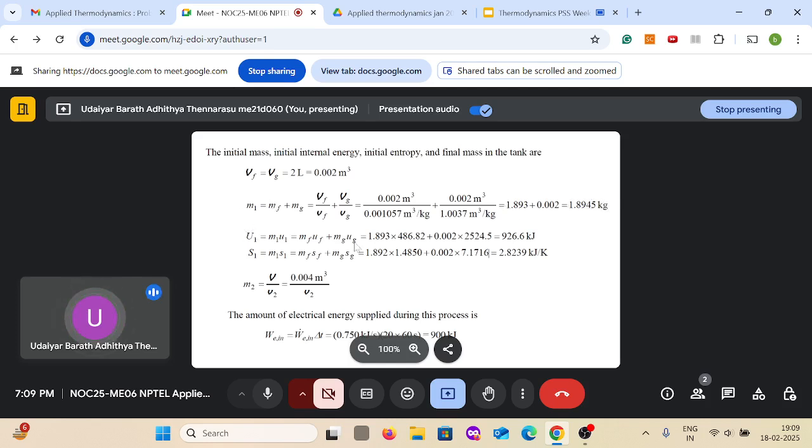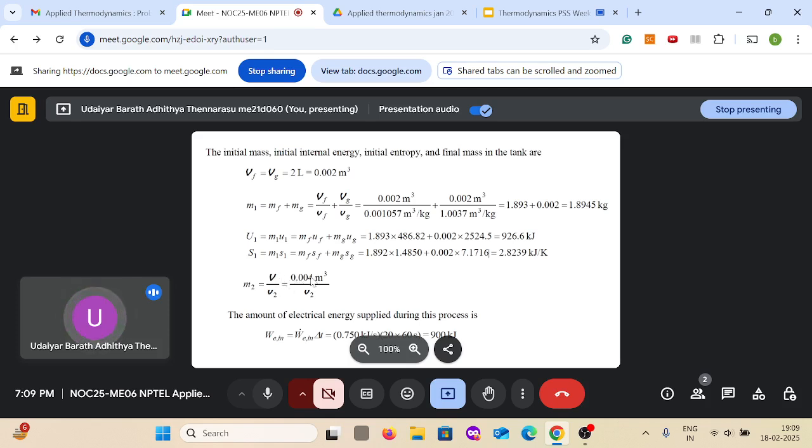Similarly, U1 is mass times the specific internal energy, so the individual mass of water times the saturated internal energy of liquid, and similarly for gas. So I'll get internal energy at state 1 as 926.6 kJ and entropy as 2.8239 kilojoule per Kelvin. The mass at 2 is my volume divided by specific volume.